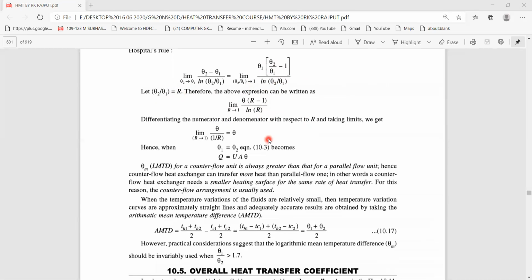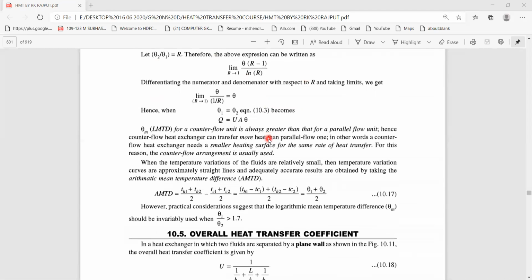Now, upon applying L'Hospital's rule, we have to differentiate the numerator and denominator separately. Here the variable is r. The differentiation of r minus 1 with respect to r is 1, and theta into 1 is theta as it is.